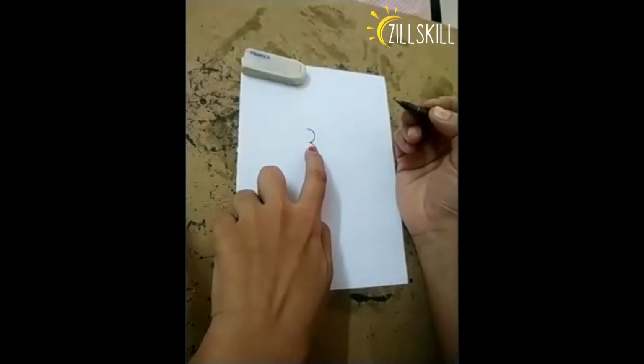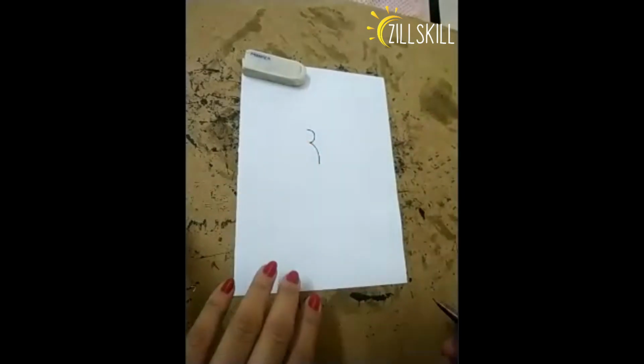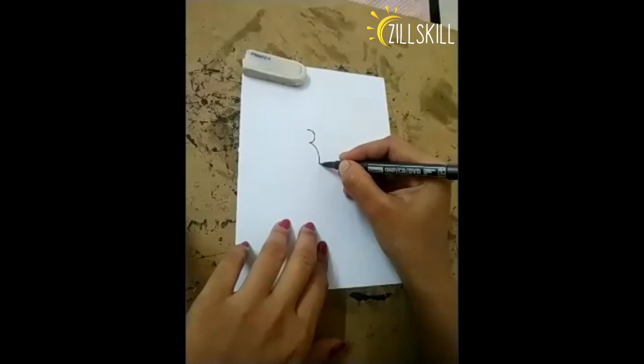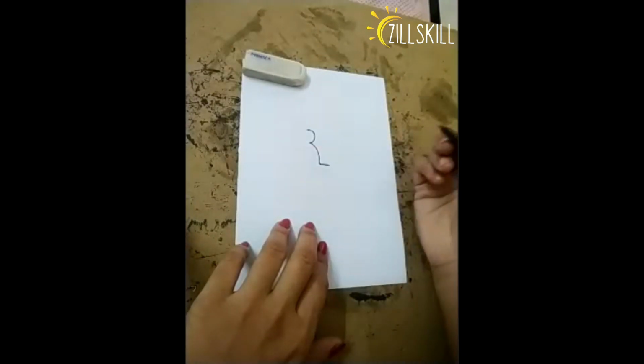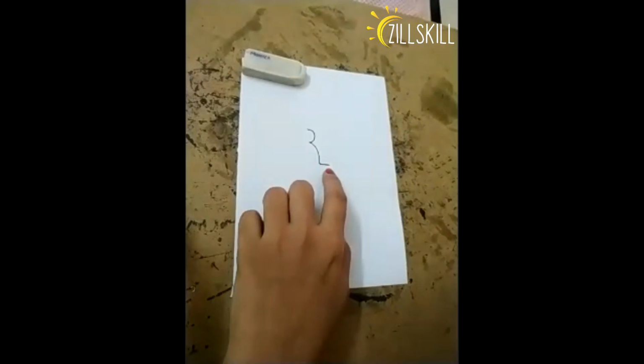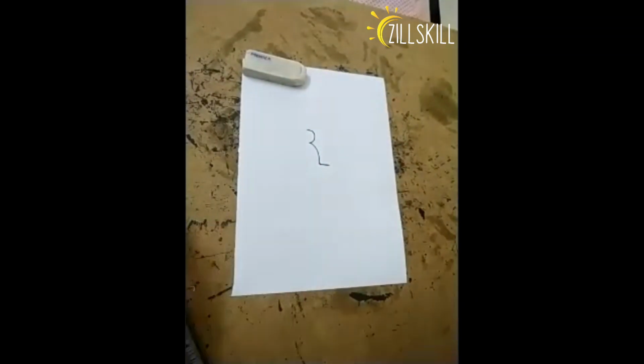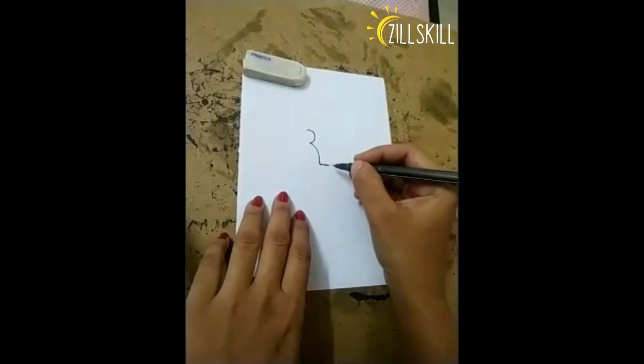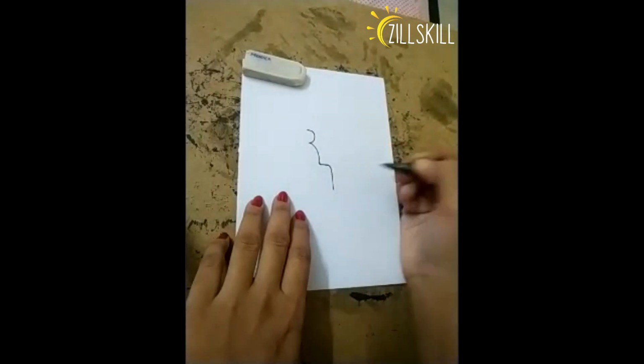So we make another curve. Now after this, we make a small little sleeping line for the legs. Now after making this sleeping line, you'll have to again make a curve like this.